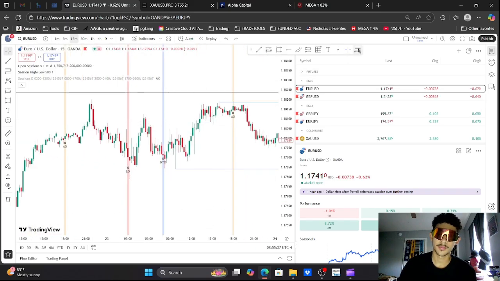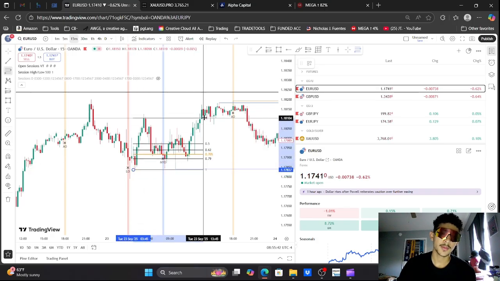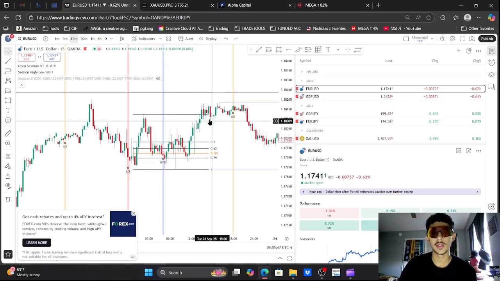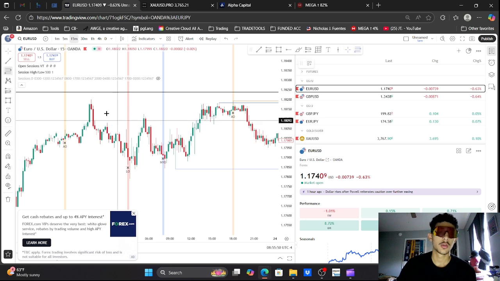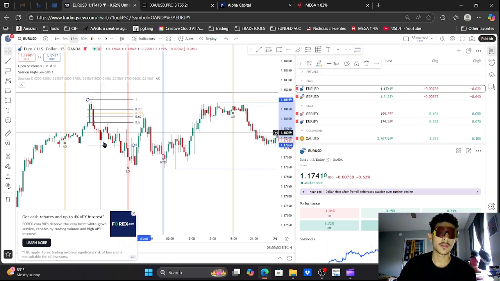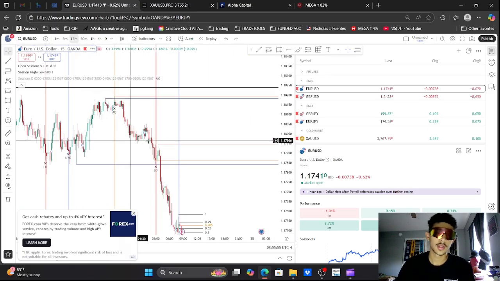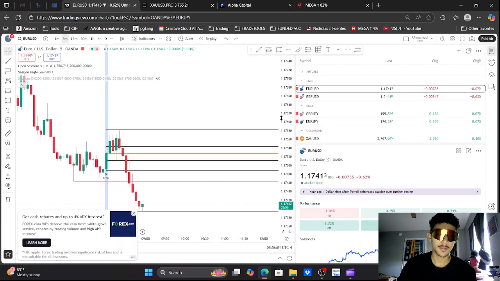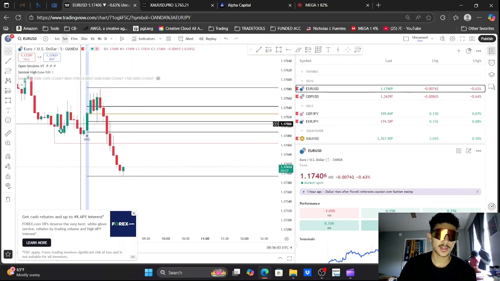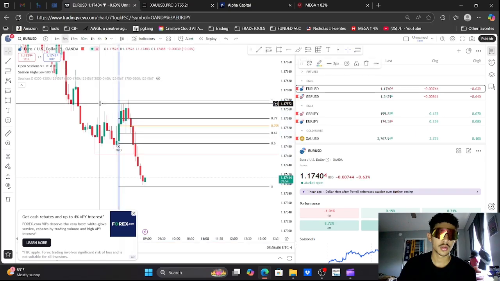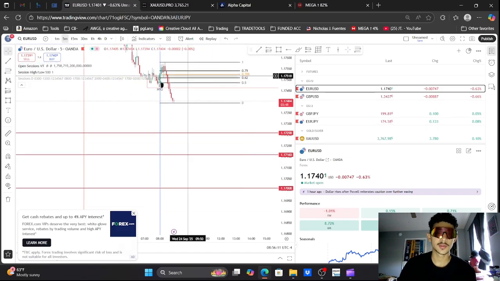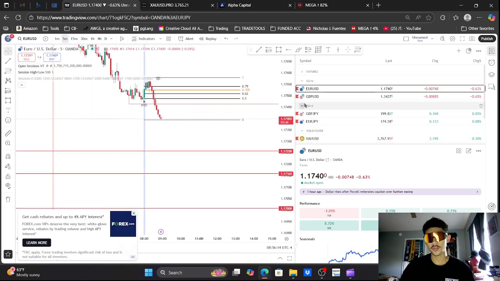Because, for example, on a push up like this, from the bottom to the top, you have the bullish retracement zone, or OTE. And if you do from the top to the bottom, then you have the bearish OTE. So that makes a lot of sense. On the 5-minute, I really want to see a retracement into this zone. Then we could move price downwards and have an optimal trade entry.